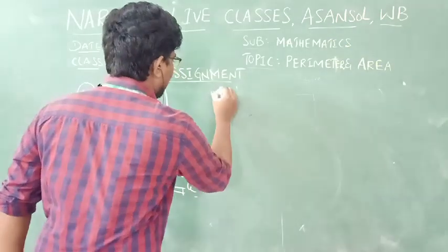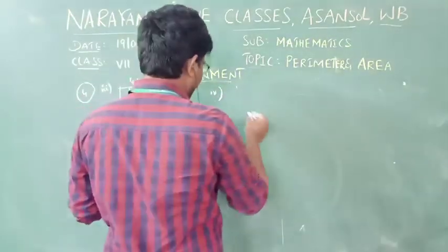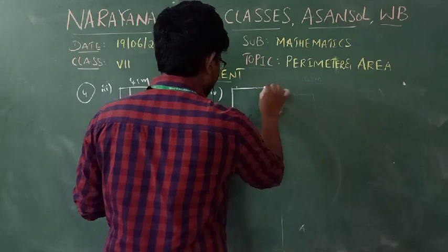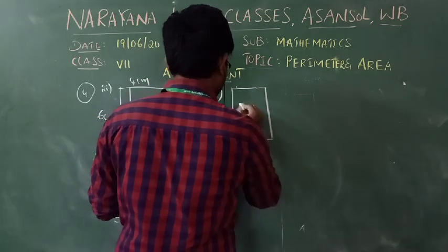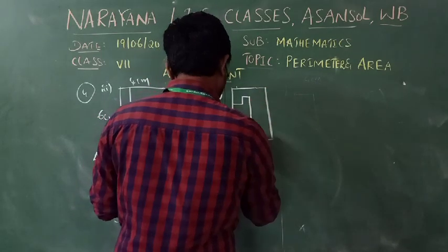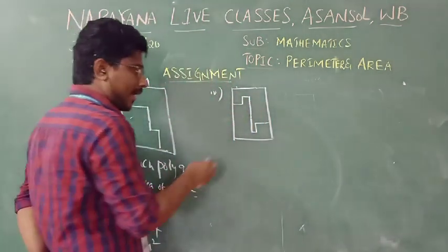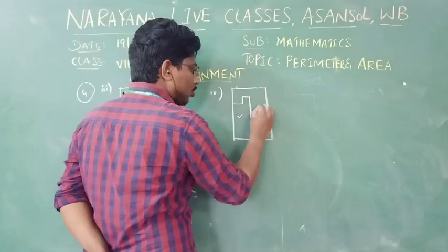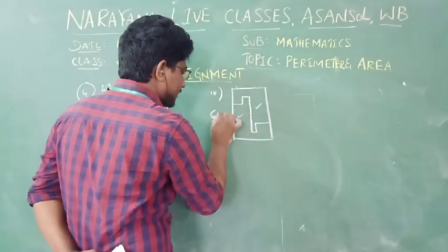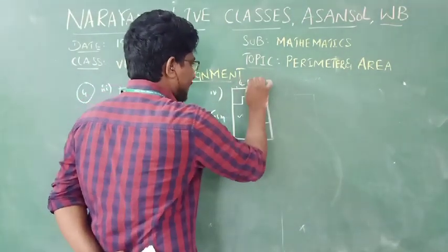Next, if you come to the fourth figure, it is one rectangle. It is divided into two equal parts, of length 6 centimeter, breadth 4 centimeter.